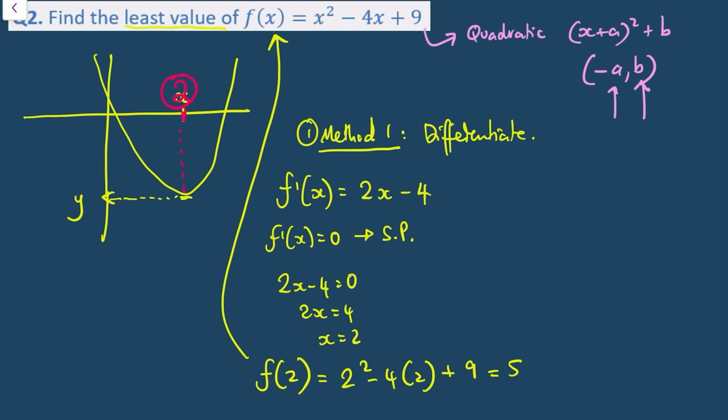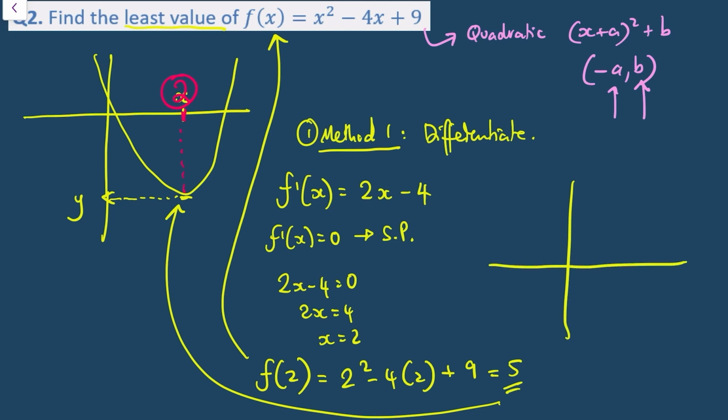So I know actually that the sketch which I guessed this to be is incorrect, because it has to be at y equal to 5, and this is obviously a negative y value. So it's actually going to look something like this, where that's 2 and that's 5, (2, 5).